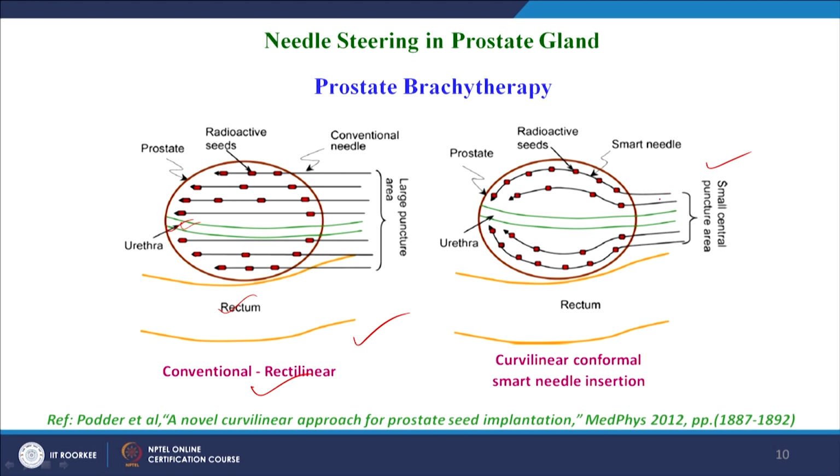You can see that it is inserted and getting closer to the periphery of the prostate, similarly in the downside also, without affecting the neighboring organs, urethra and the rectum. There is no penetration here, whereas there is a penetration here by the needles into the rectum region and also close to the urethra.